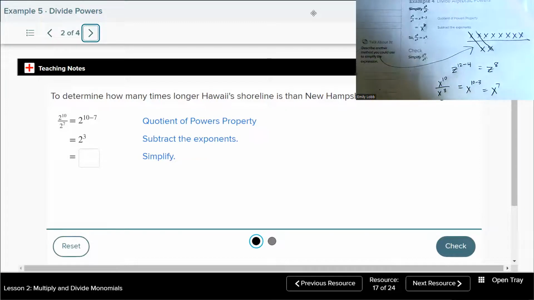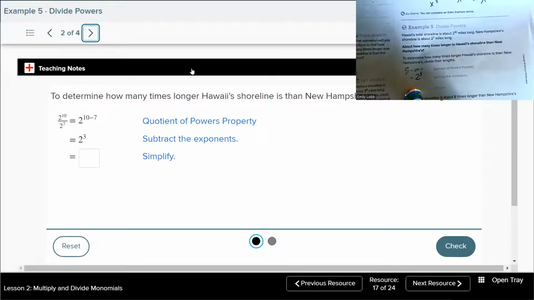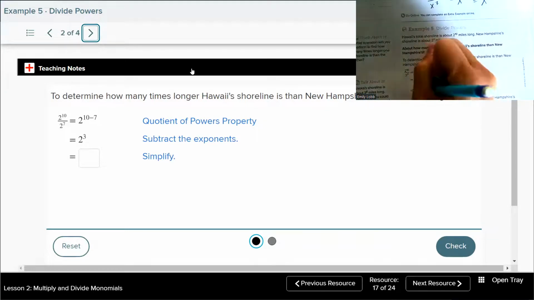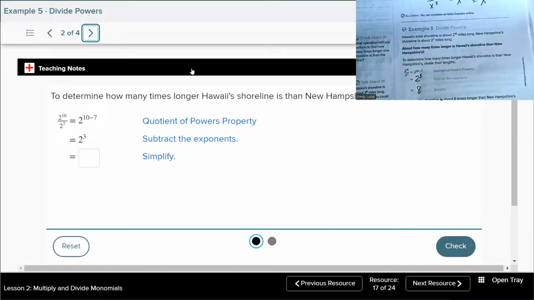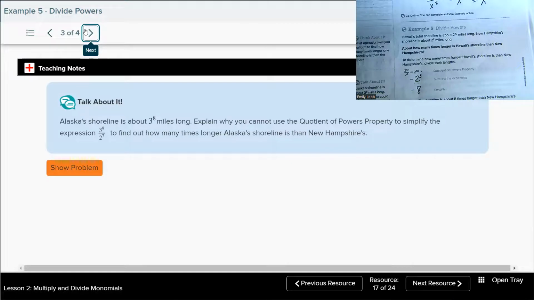What is 10 minus 7? 3. So we need to be writing under example 5 here, 2 to the 3rd power. And then we simply need to simplify. What's 2 cubed? That's one we should remember. It is 8. So Hawaii's shoreline is about 8 times longer.